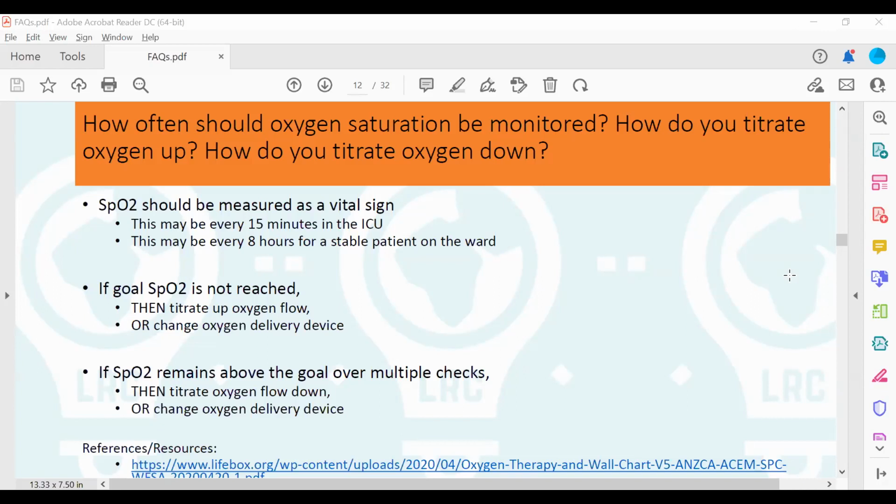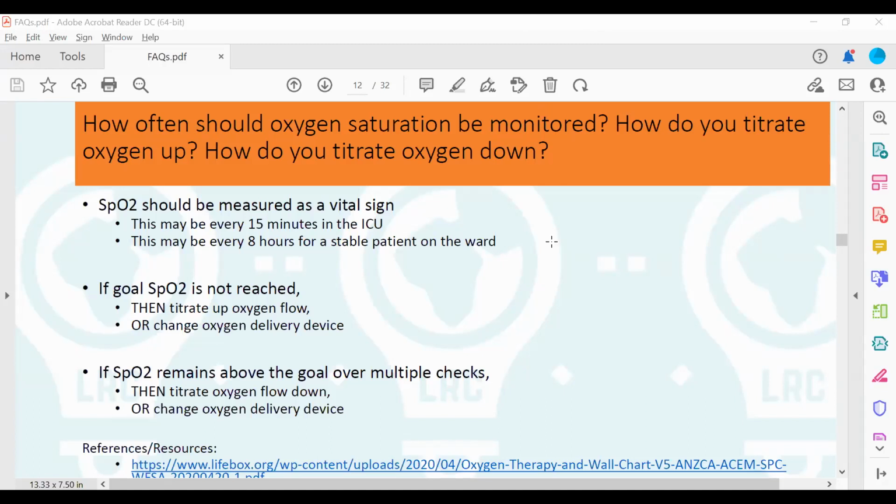So it's the same when you go down, when you decrease oxygen. When the target is reached, for example, you were on maybe 8 liters per minute by facial mask, and then you see the patient is exceeding the target, then you can decrease the flow and see what the next oxygen saturation will be.